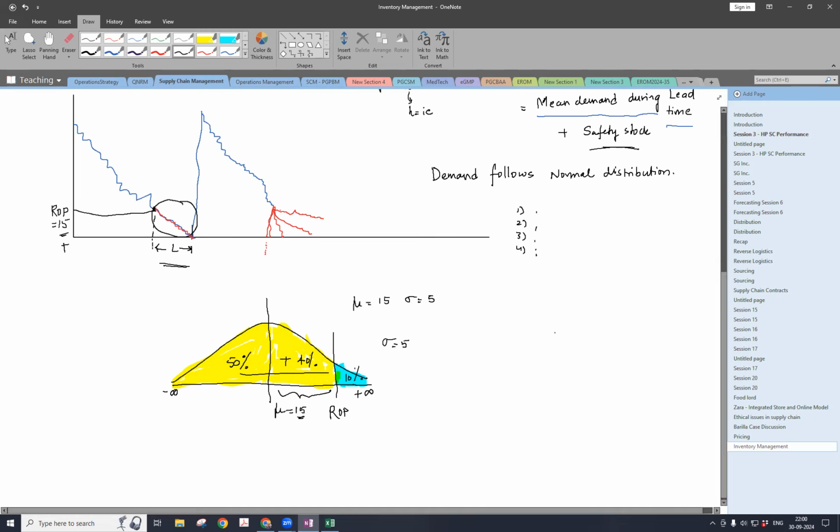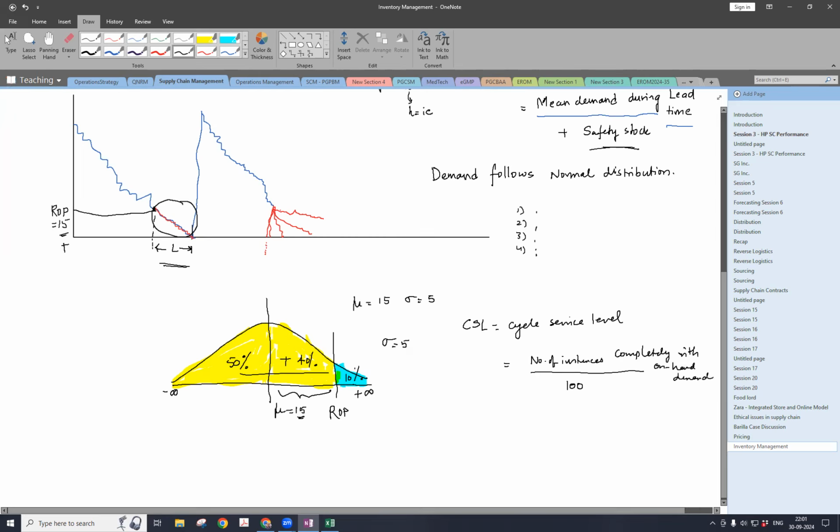That is what your cycle service level represents. You can also look at it as if you had 100 such instances of demand, how many of those instances out of 100 did you meet completely with on-hand inventory? So this is the most important aspect to remember.